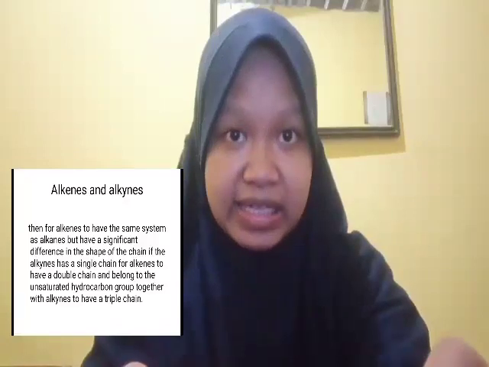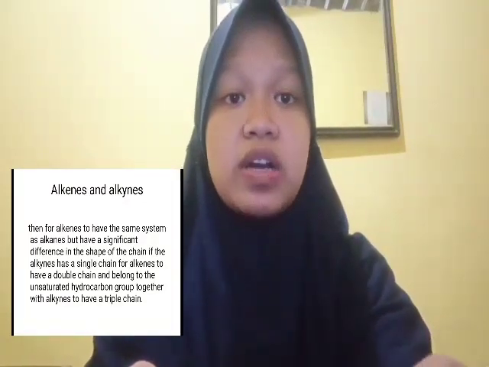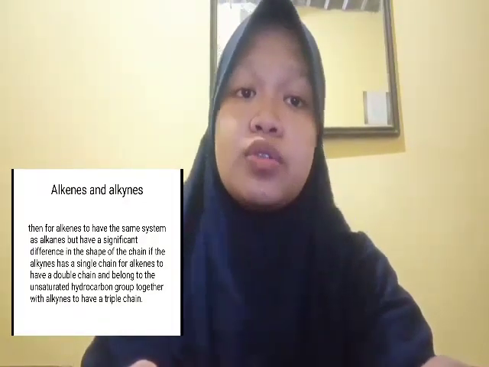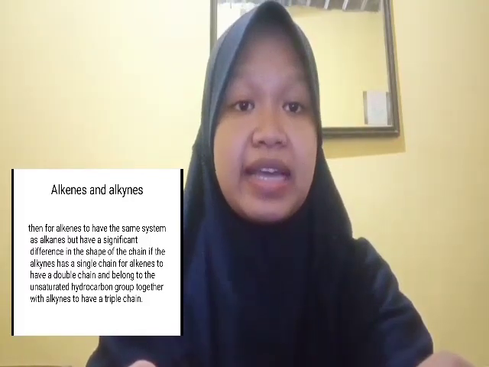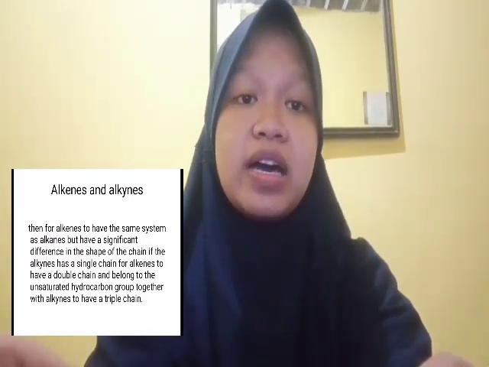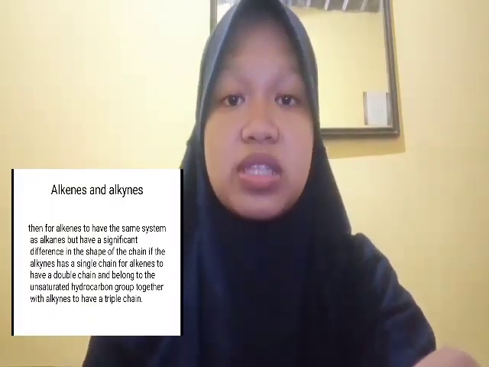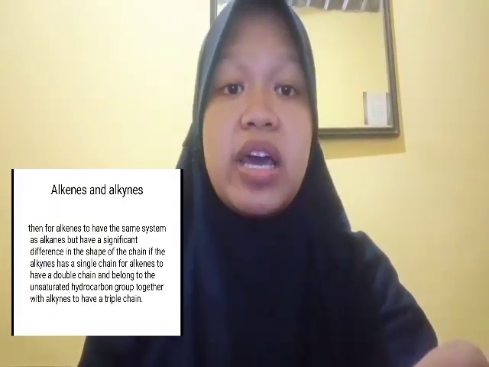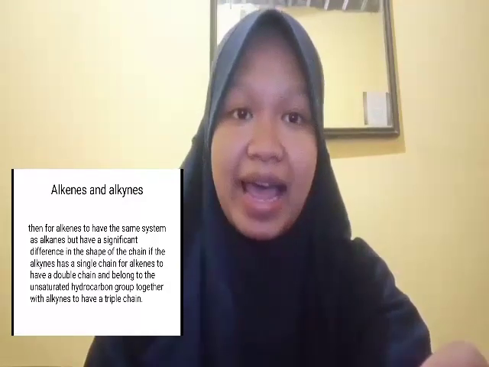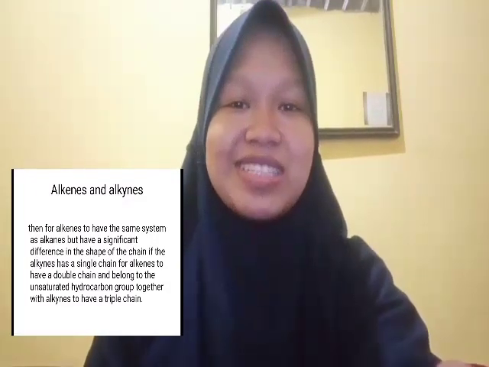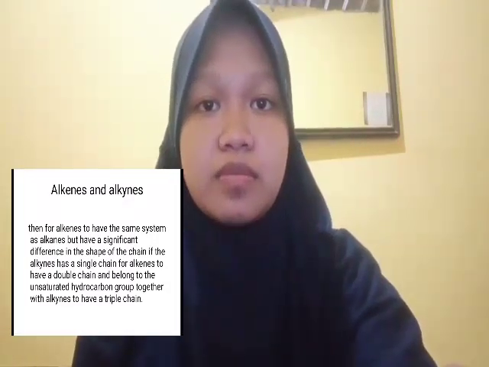The alkane has a single chain, the alkene has a double chain and belongs to the unsaturated hydrocarbon group together with the alkyne, which has a triple chain.